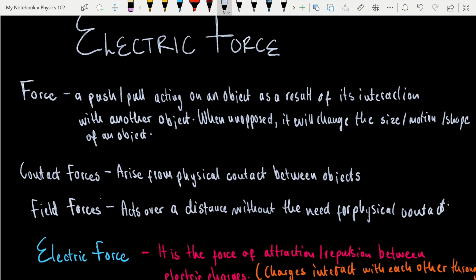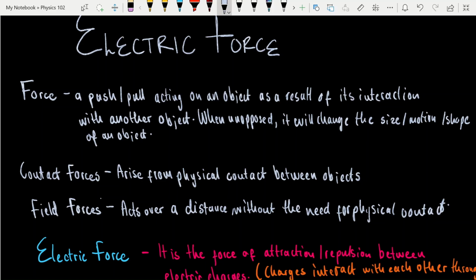A box that you're dragging on the ground should be in touch with the ground, and then the surface of the ground and the surface of the box will be exerting force on one another. Now here, field forces. What are field forces? Field forces are those that act over some distance. The two particles don't have to be in contact. There is no need for physical contact. They act over some distance.